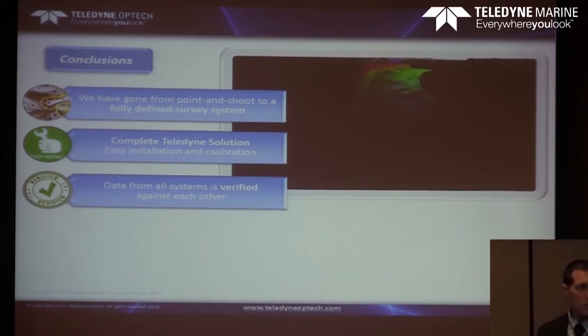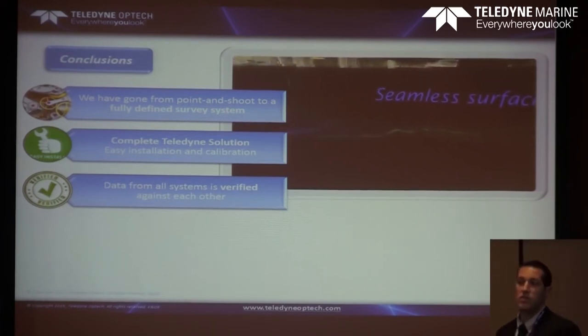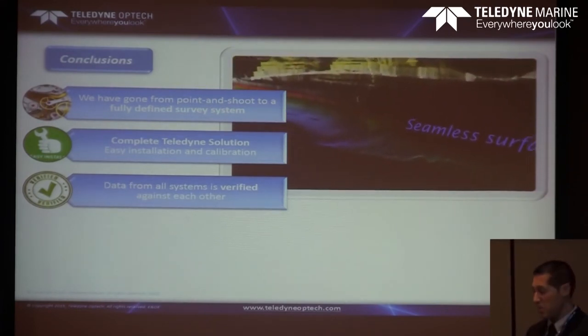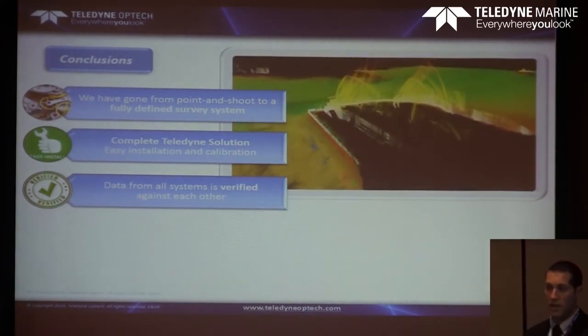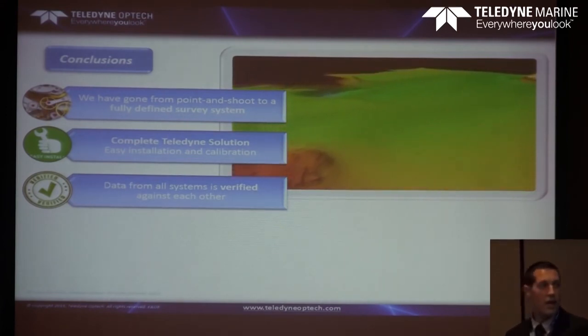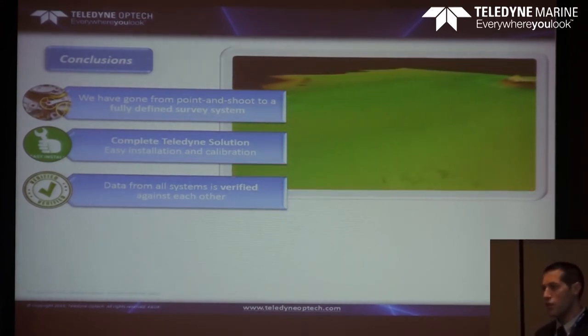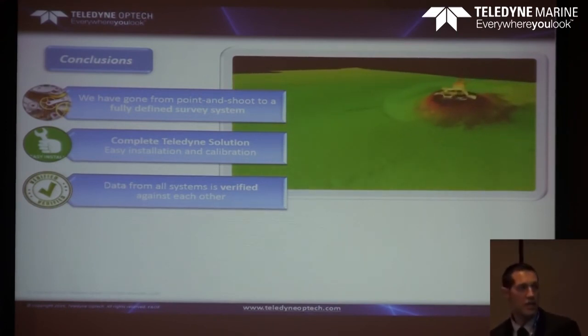This is what I said before. It's important because all the data sets are verified against each other. Before, if you didn't use the laser scanner, of course you trusted that the inertial system did its job and the point cloud from the multi-beam was fine. But if you combine two different sensors that work in different ways and everything matches perfectly, you're sure that there are no problems with the data set.